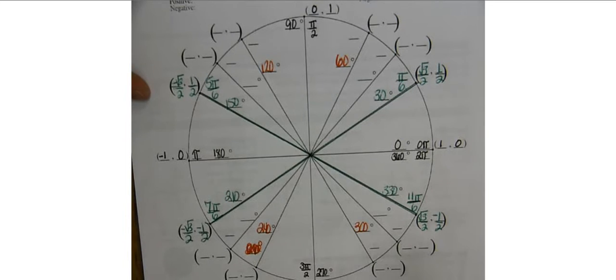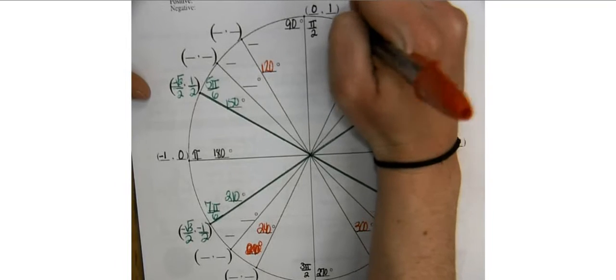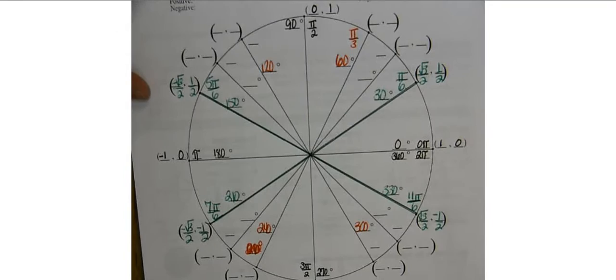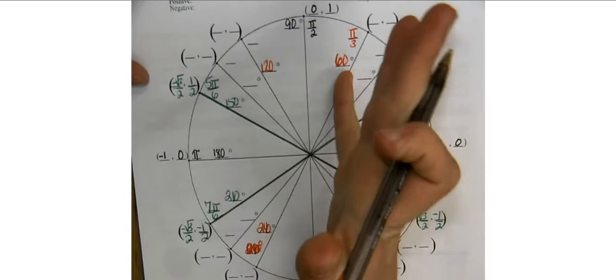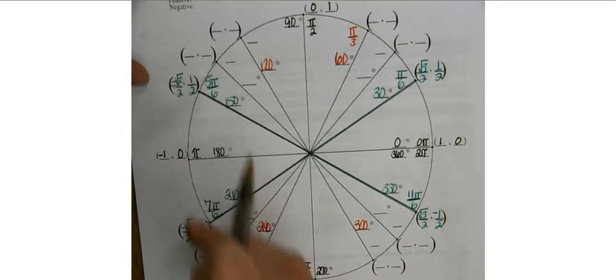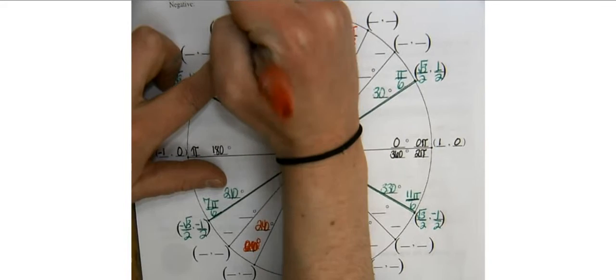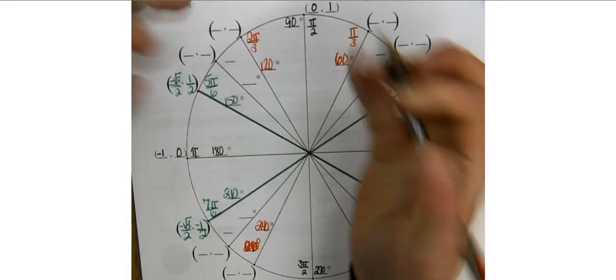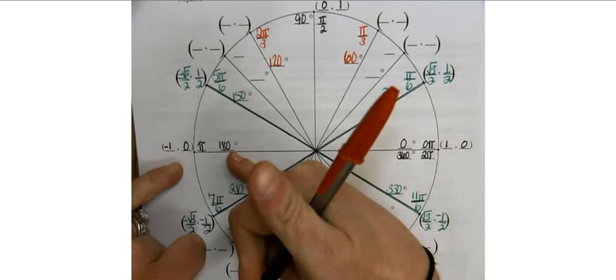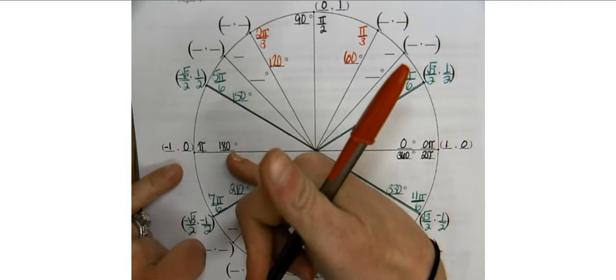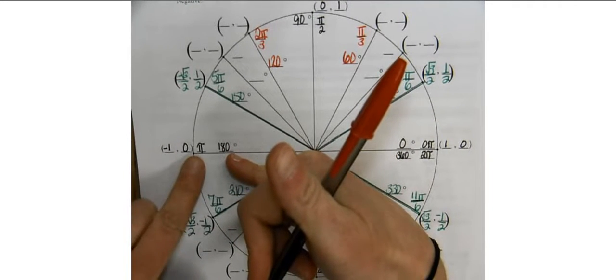Every 60 degrees is another pi over 3. So pi over 3 is associated with 60 degrees. So I'm going to add pi over 3 every single time that I travel 60 degrees. So traveling 60 degrees, I'm going to end up with 2 pi over 3. Traveling another 60 degrees will bring me to 180 degrees, and that will be 3 pi over 3, which is still 1 pi.